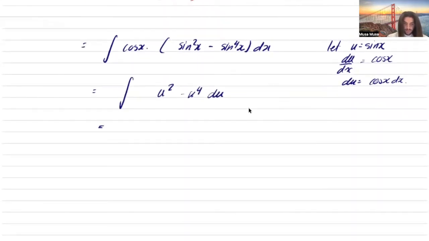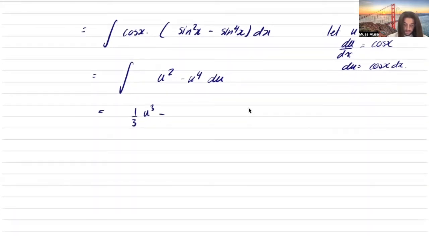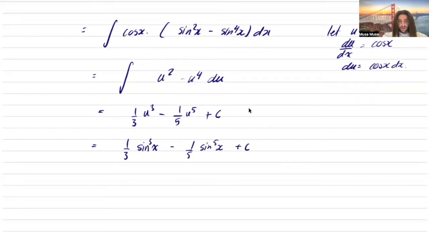Okay, and then that just becomes a third of u cubed minus a fifth of u to the 5 plus c, and then subbing back in our sines, like that, and then you're done. Okay, so do you see the premise of that? Perfect.